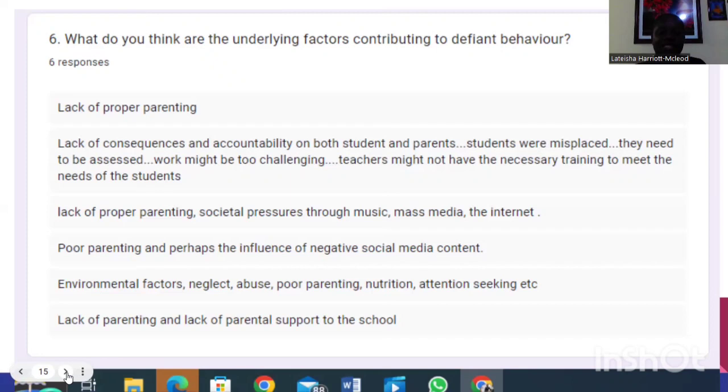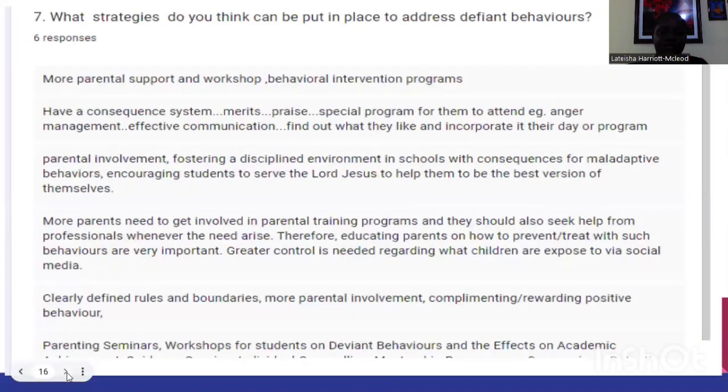They also stated lack of proper parenting, societal pressure through music, mass media, and the internet, influence of negative social media content, environmental factors, which include neglect, abuse, poor parenting, nutritional issues, attention seeking, and also lack of parental support to the school.